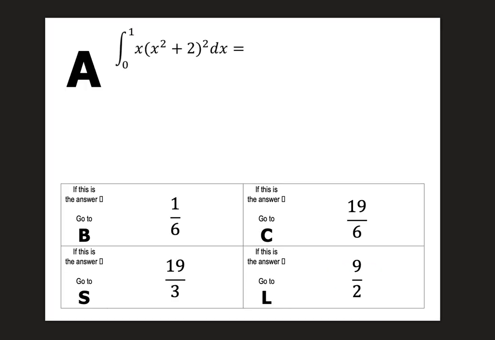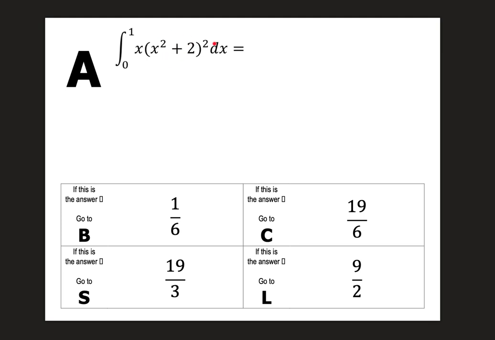All right, next one. You could do it 2 different ways. You could notice that if you made this inside part u, the derivative of x squared plus 2 is 2x dx, and here you have an x dx, which is good. The derivative of the inside is the outside, just differing by a constant multiple. So you can make u this inside part.